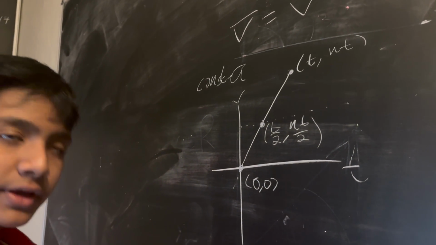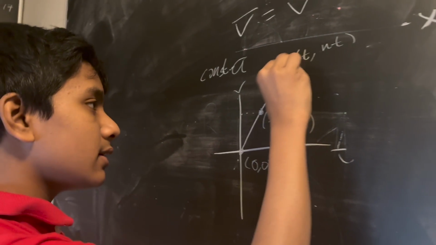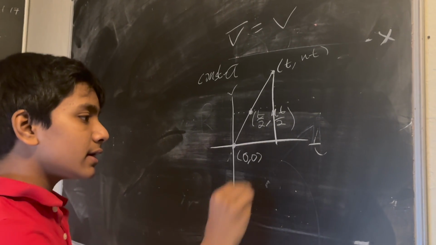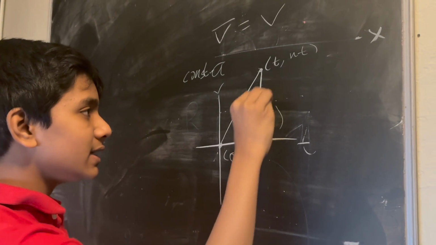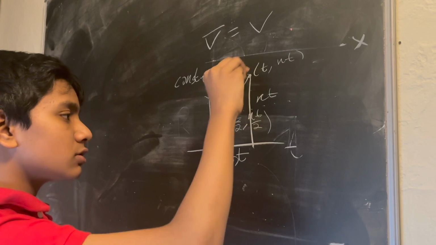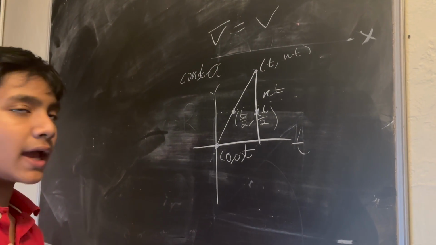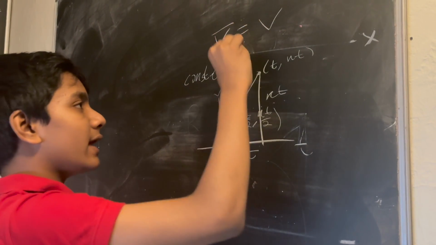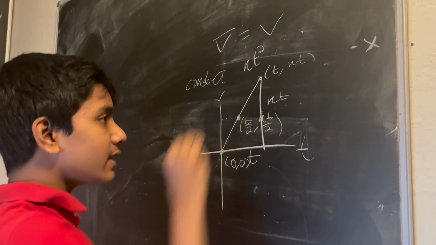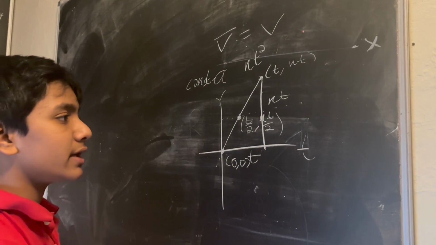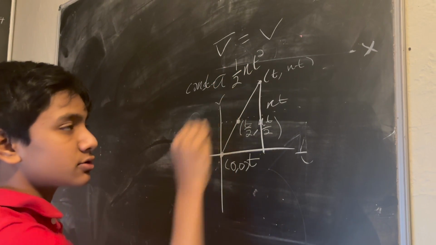If you want to be very precise, then you can take that this length right here is t, this length is nt, so clearly the integral from 0 to t is equal to half nt squared because it's a triangle.